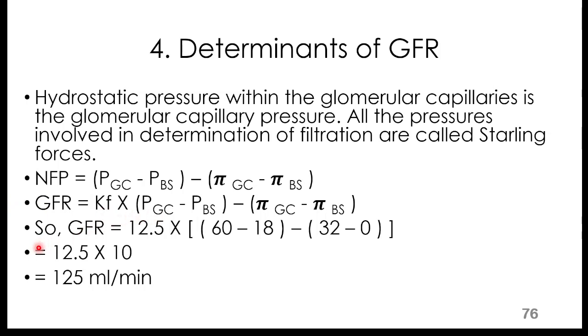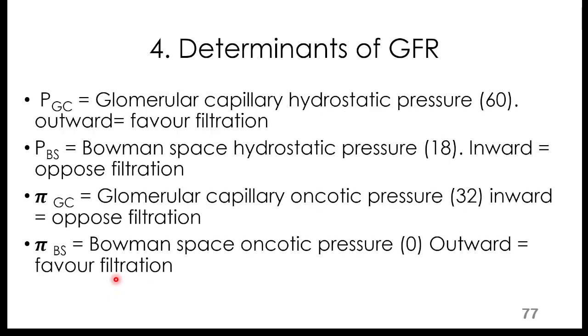Based on the values we've already stated earlier, assuming that the filtration coefficient is 12.5, as we said earlier, and the net filtration pressure is 10, because 60 minus 18 minus 32 minus 0 gives us 10, we derive a glomerular filtration rate of 125 mL per minute.